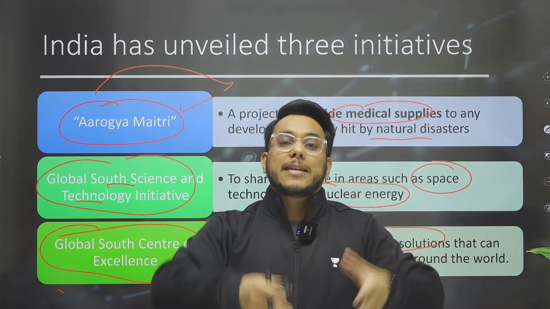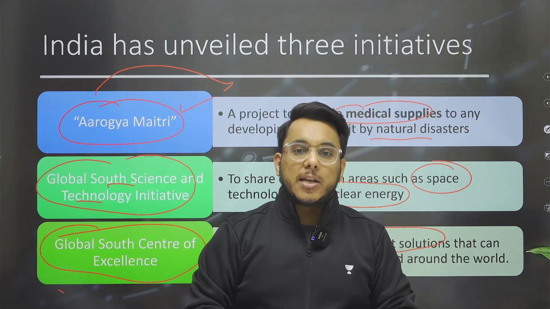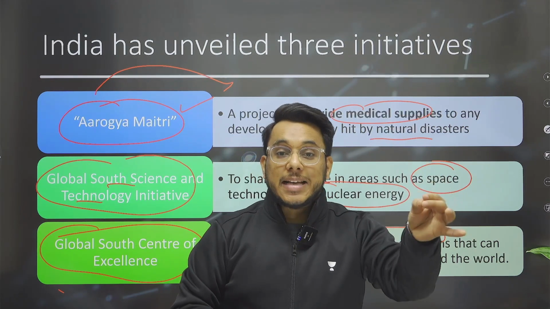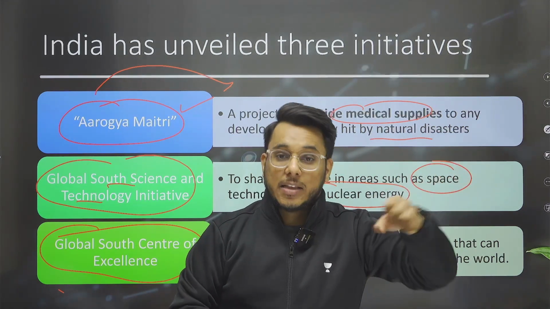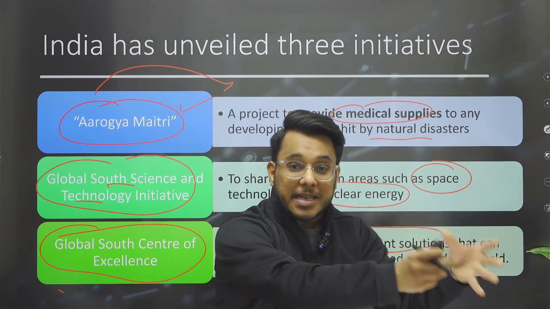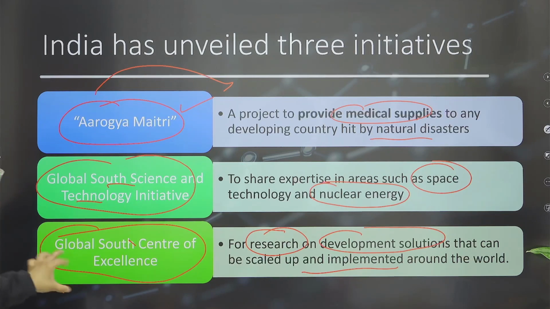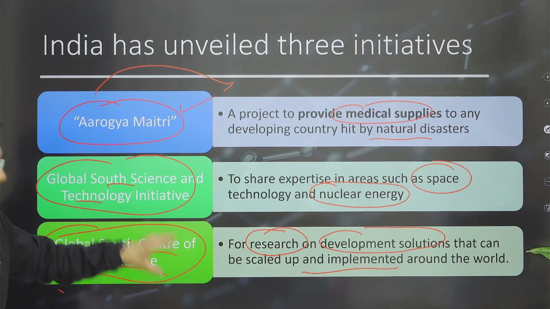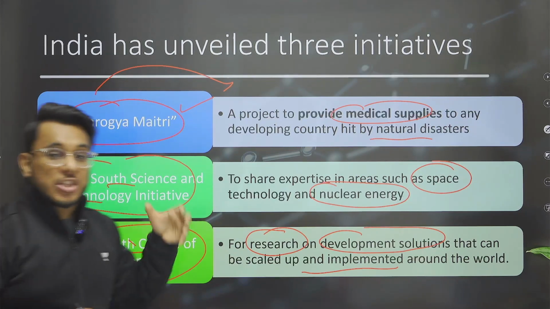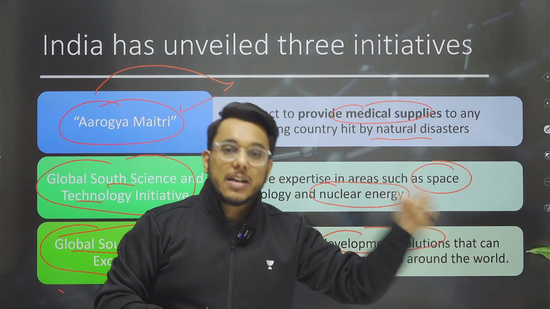Financial inclusion can solve many challenges. If we implement financial inclusion for everyone, every person gets a bank account, the corruption leakages which happen when subsidies are provided can be solved. So basically, in the Global South Center for Excellence, we will help in research and provide developmental solutions which can be scaled and which can solve the complex developmental problems of these countries.